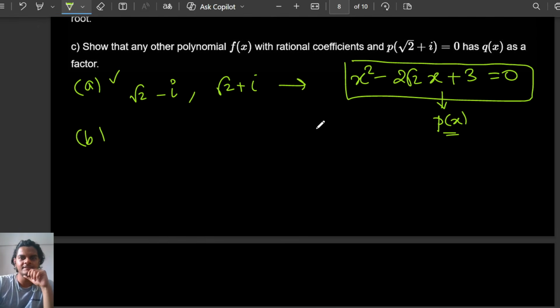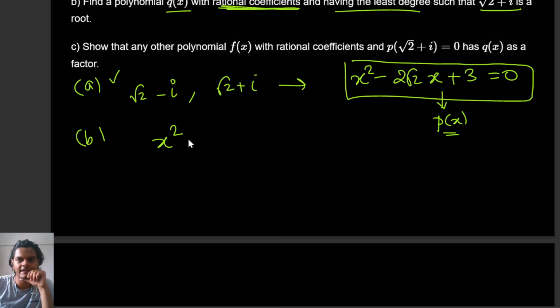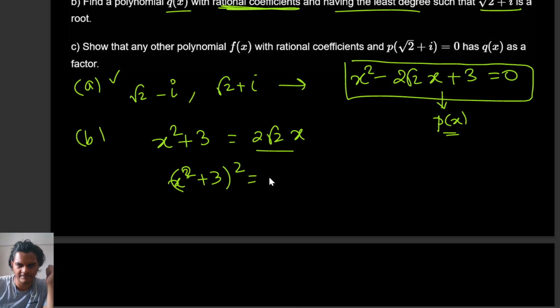So one thing is we can have x square plus 3 written as 2 root 2x, and we can say that if I square the whole thing, this becomes rational, right? So x square plus 3 whole square is equal to 2 root 2x whole square. This happens to be 4 times 2, 8x.